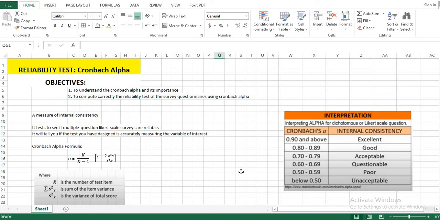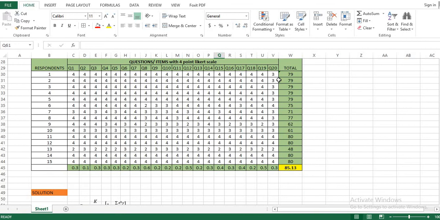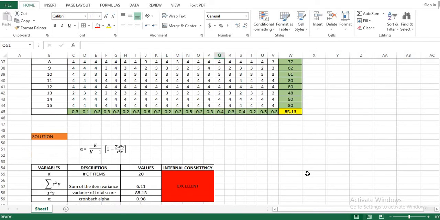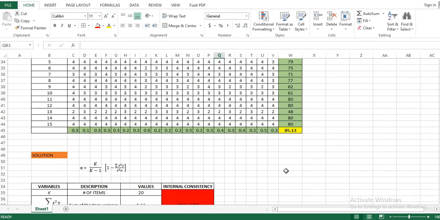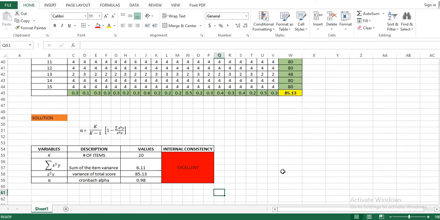Right? So your assignment is to do the computation of the Cronbach alpha, and once you are done, please submit it in the Google Classroom. I have uploaded the classwork, and please turn in your work.